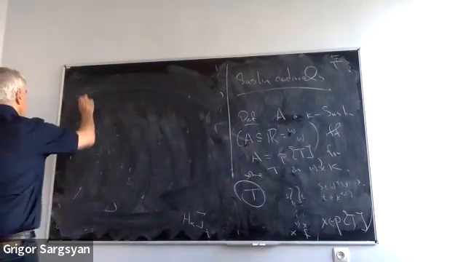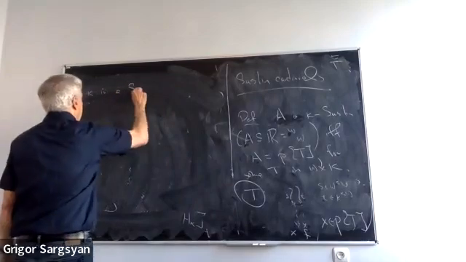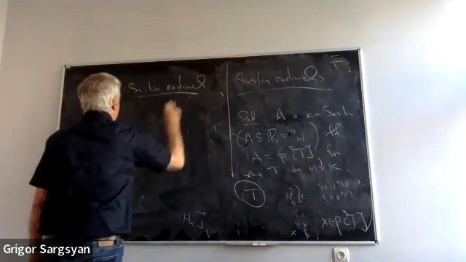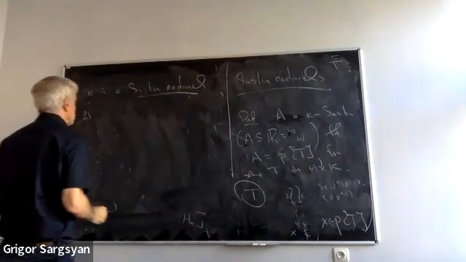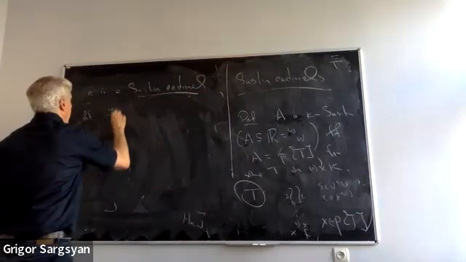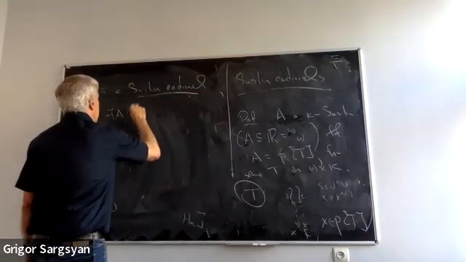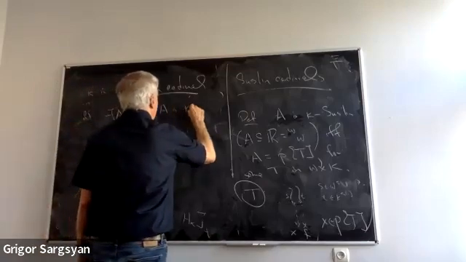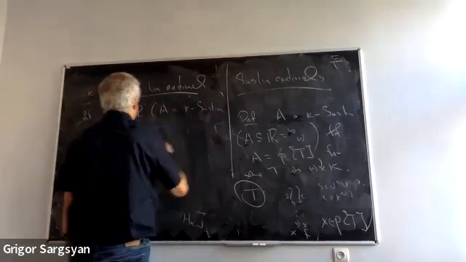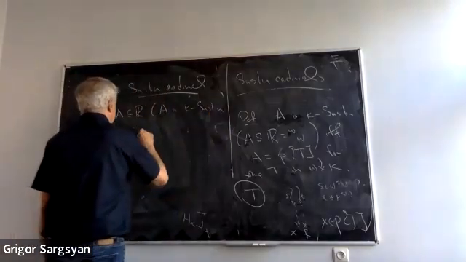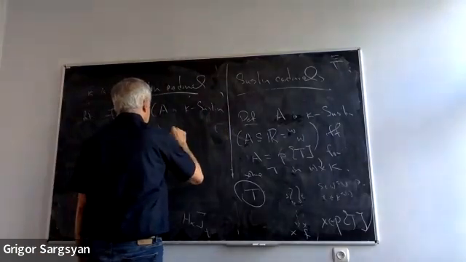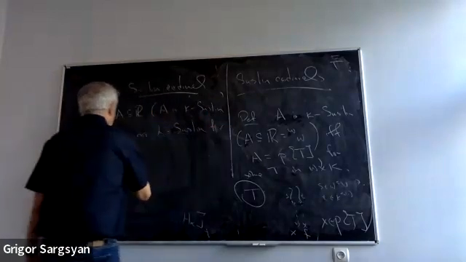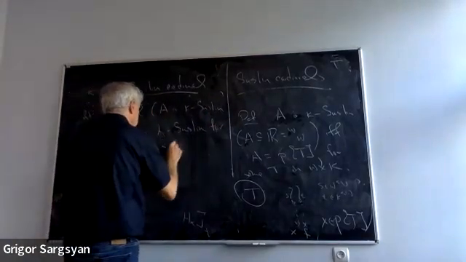We say that kappa is a Suslin cardinal if and only if there's a set which is kappa Suslin, but not lambda Suslin for any lambda strictly less than kappa.